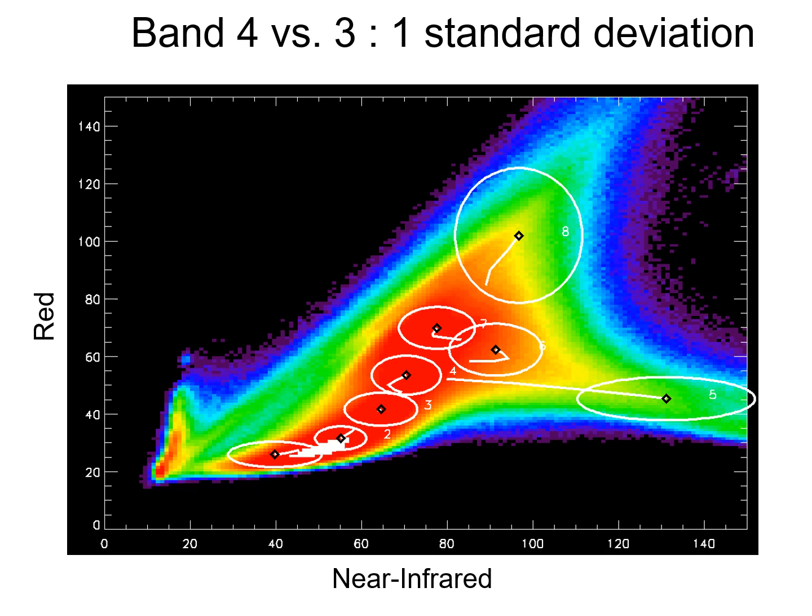So here we have near infrared and red, so bands 4 and 3. We have the white line, so if you look at, say, class 8 in the upper right, you can see where class 8 was originally located based on just the guess of the computer, and where it moved over the course of the iterations until it finally winds up at that black diamond.